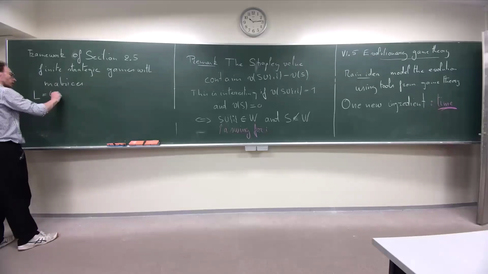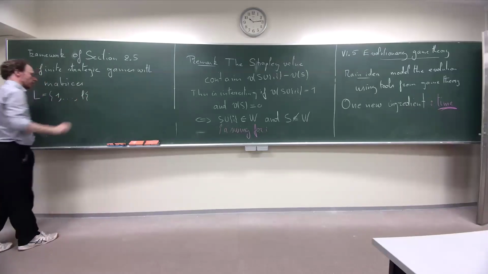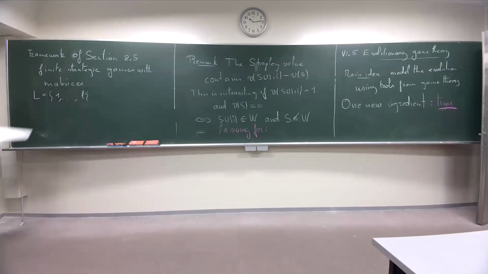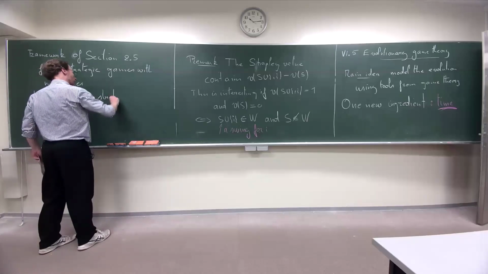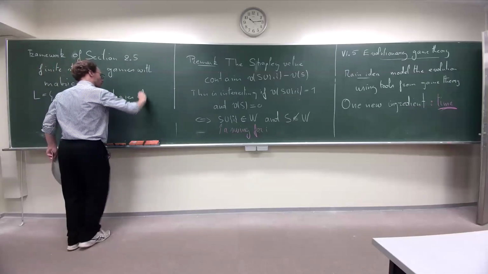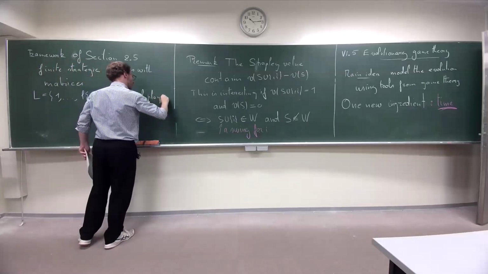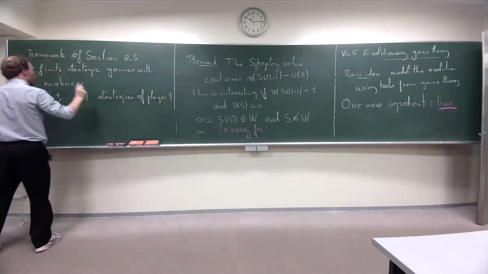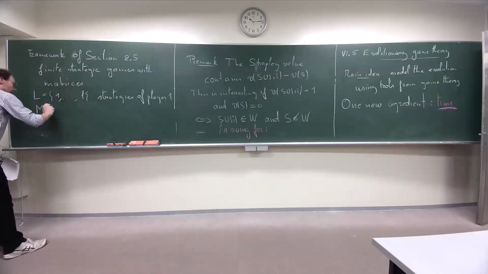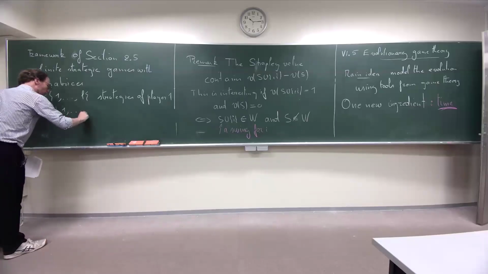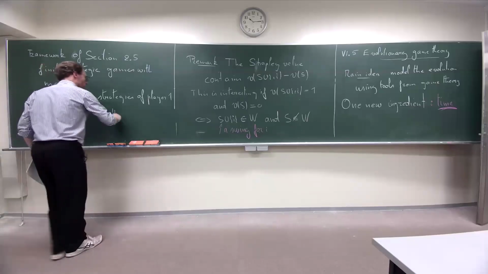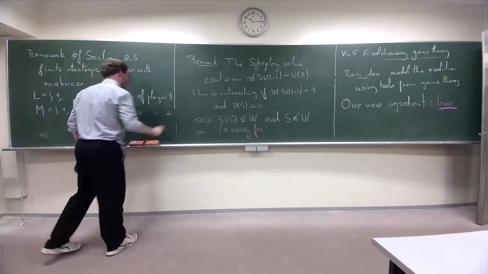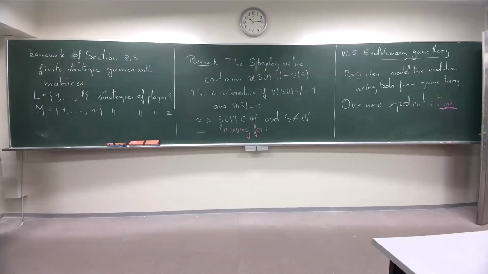The set L, from 1 to L, is the strategies of player 1 for 2 players. And M is going to be the set 1 up to M, a list of all strategies of player 2. I'm assuming that the first player has L strategies, the second player has M strategies.